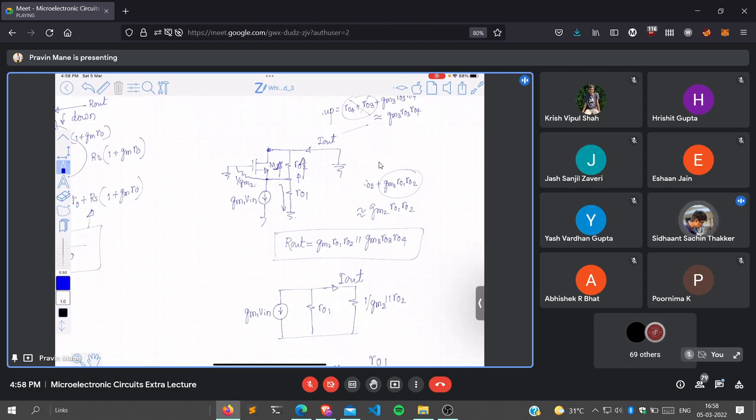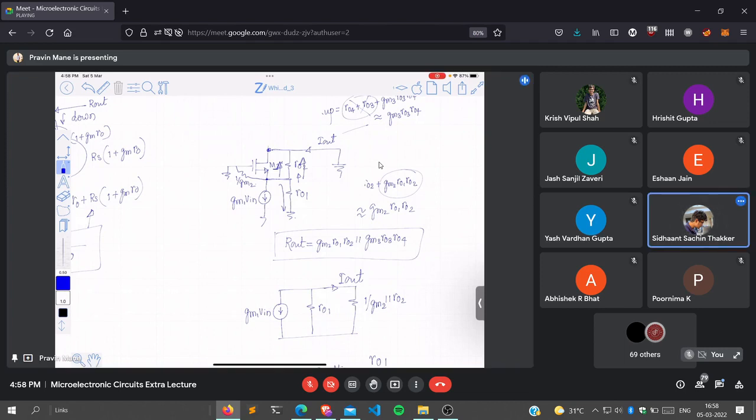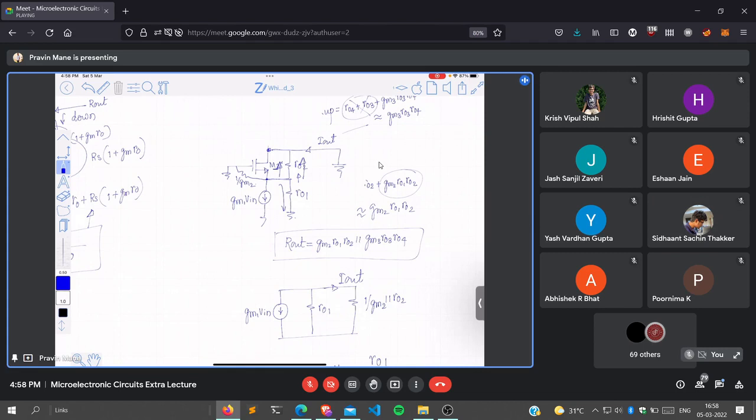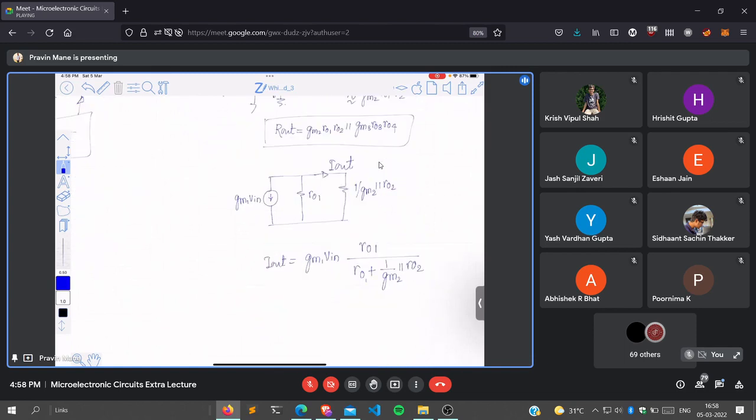I am interested in calculating current Iout. Which is the current Iout? Whether flowing through RO1 or 1 by Gm2 parallel RO2. 1 by Gm2 parallel RO2. Here also I have drawn them parallel, but I am not interested in voltage, I am interested in current only. So what is this equation? What is the approximation of this? 1 by Gm2 parallel RO2.